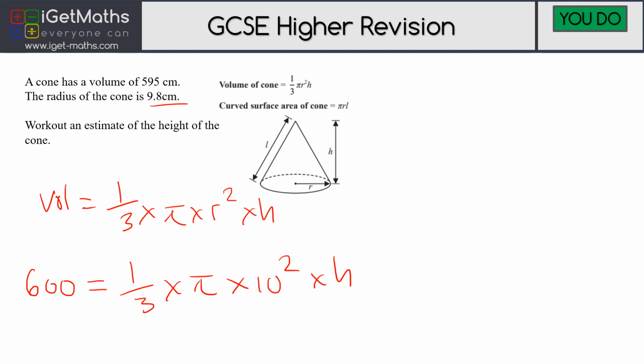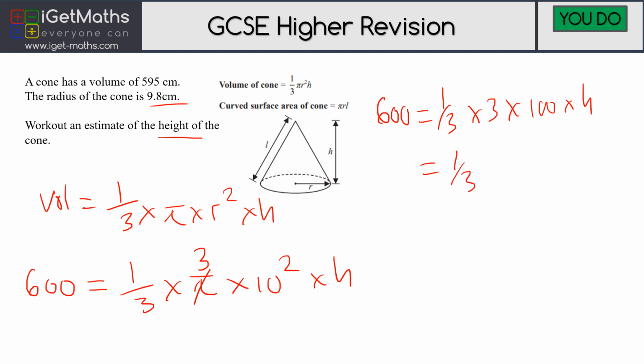And what we're trying to do, remember here, is to find the height. So we've got pi, which I will change to 3, and 10 squared is going to be 100. I've got 600 equals 1/3 times 3 times 10 squared, which is 100, times h. 3 times 100 would be 300.